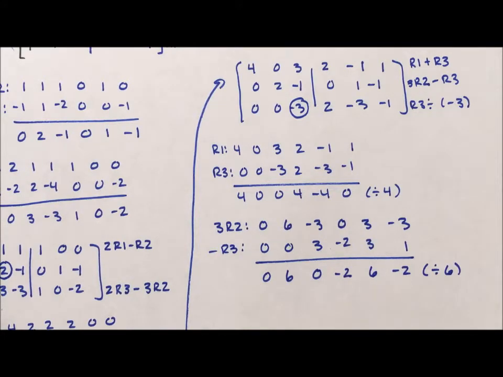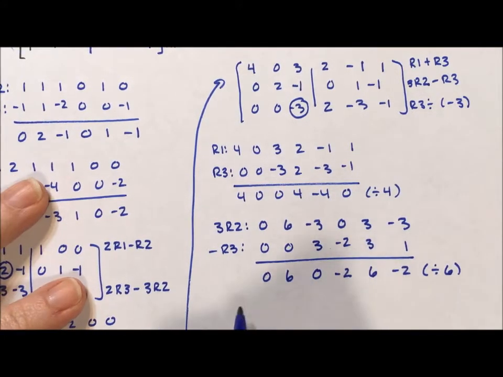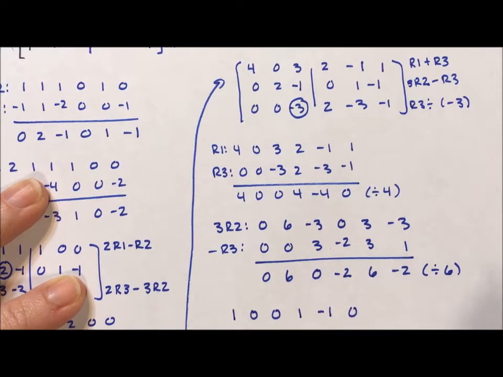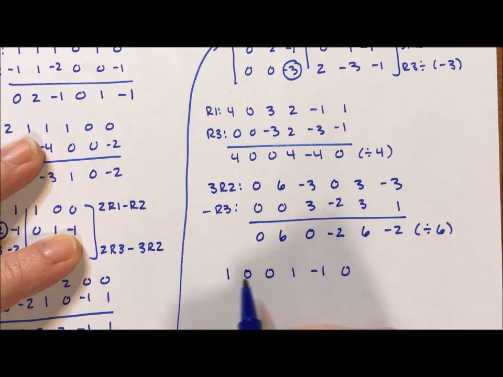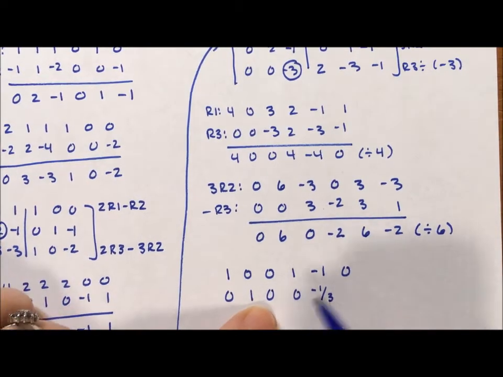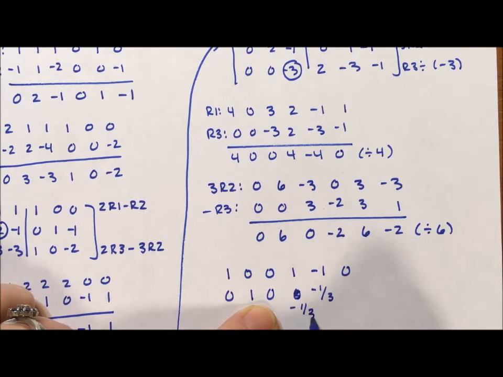So my first row, when I divide through by this 4, becomes 1, 0, 0, 1, -1, 0. My second row, when I divide through by 6, becomes 0, 1, 0, -1/3, 1, -1/3.